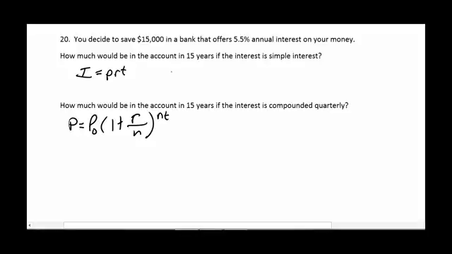For simple interest, the amount that I would earn after 15 years would be the principal, 15,000, times the interest rate, which is 0.055 as a decimal, times time. All right, I just want to type that in.